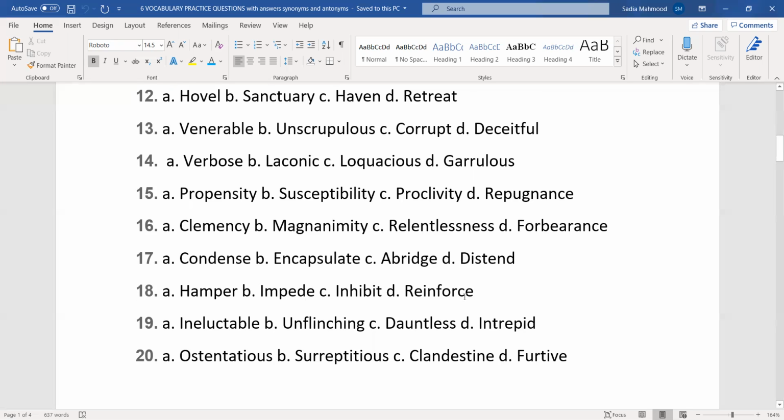Option D, reinforce. Question number 19: option A, inculcate. Option B, unflinching. Option C, dauntless. Option D, intrepid.